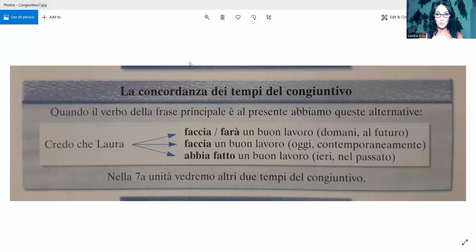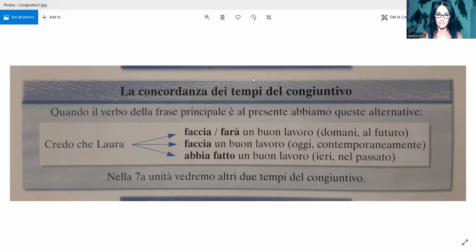On how to construct the sentence when we have congiuntivo, and we can choose if we are going to use congiuntivo and which tense of congiuntivo. So the title of this table is La concordanza dei tempi del congiuntivo. So the agreement of the tenses of congiuntivo.